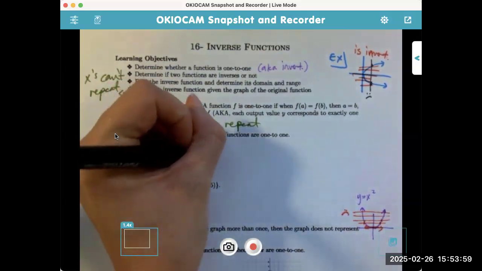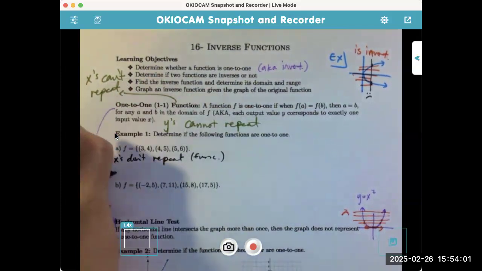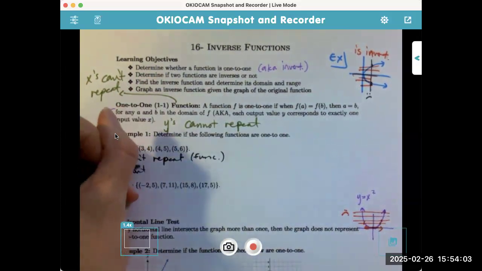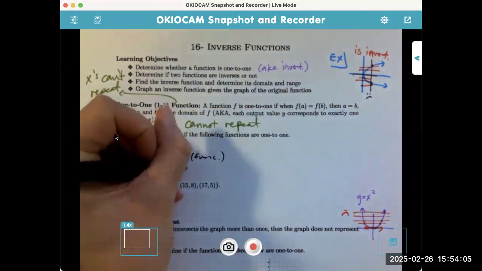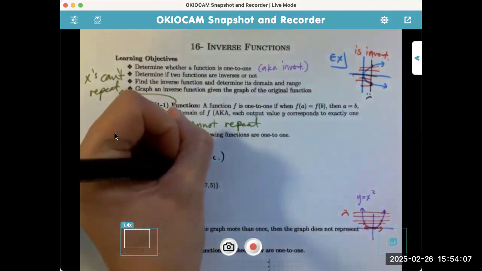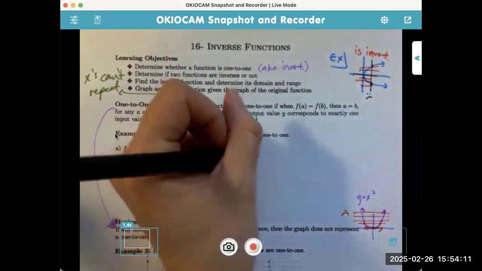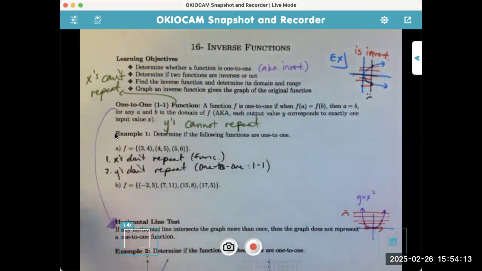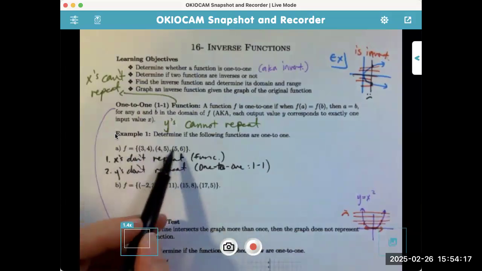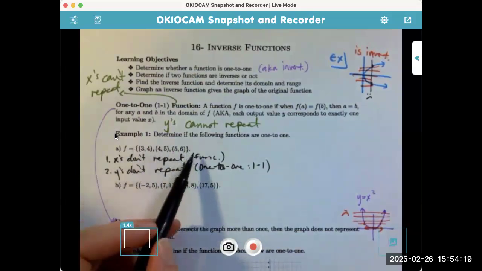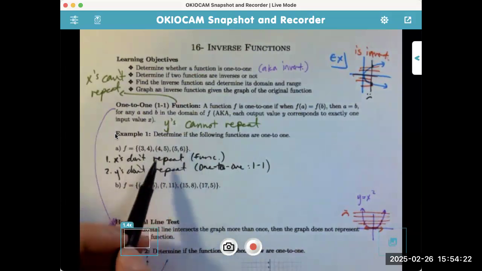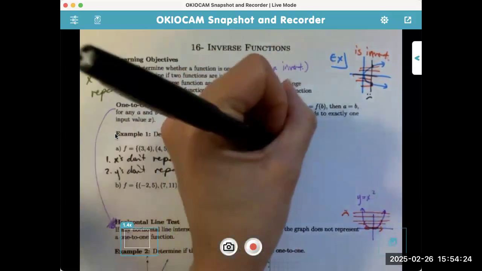That's for function. And then two, y's don't repeat. And that's for one-to-oneness. Also, shorthand is literally 1-1. Okay, so my x's do not repeat: 3, 4, 5. And then my y's, 4, 5, 6, also do not repeat. So yes, invertible.